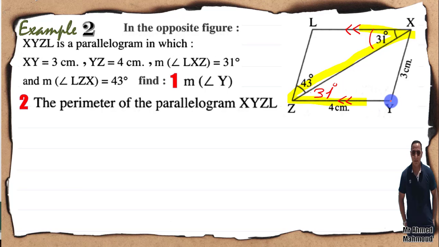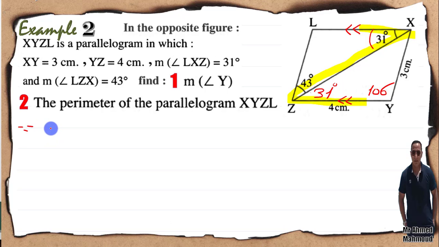So angle Y equals 180 minus 43 plus 31, which equals 106 degrees. I have another way: I can reflect 43 from here to here and use the triangle, and in the two cases Y equals 106. So the proof will be like this.